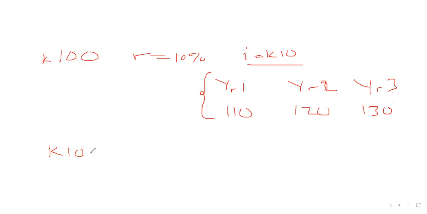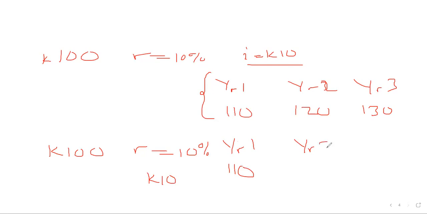The same 100 kwacha can be compounded at a compound interest, whereby the interest will be based on the future value, or the present amount accrued. So in year 1, 10% of 100 is 10 kwacha, so we have 110.